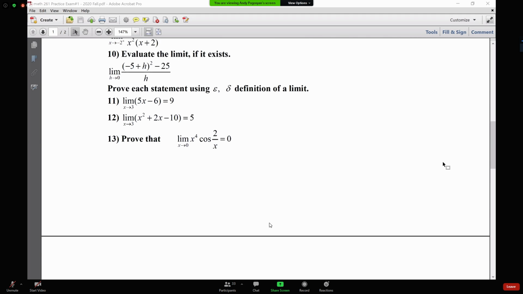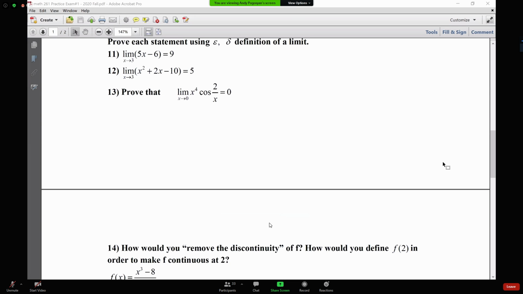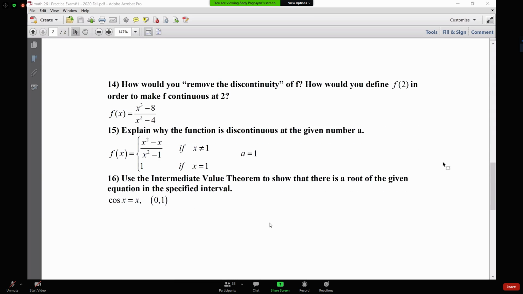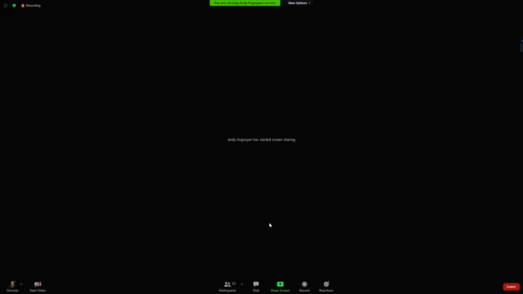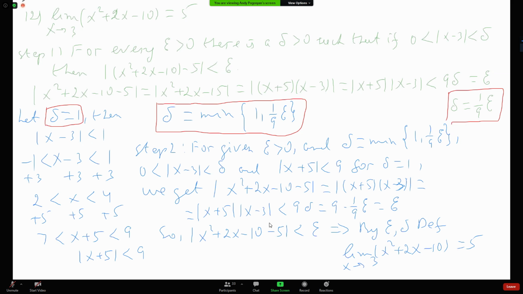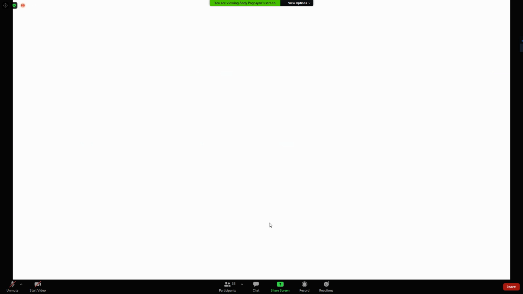Prove that the limit of x to the 4 cosine 2 over x is 0 as x approaches 0. So we need to prove it using the squeeze theorem.